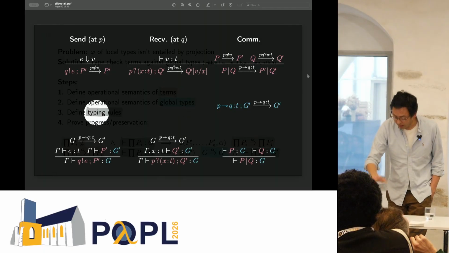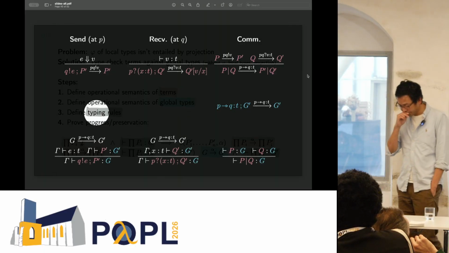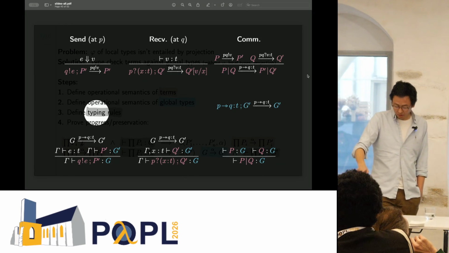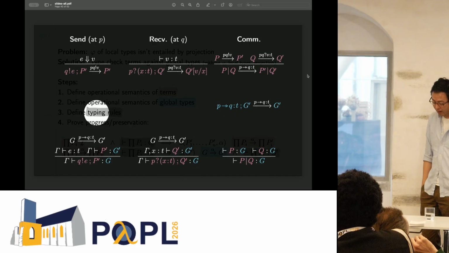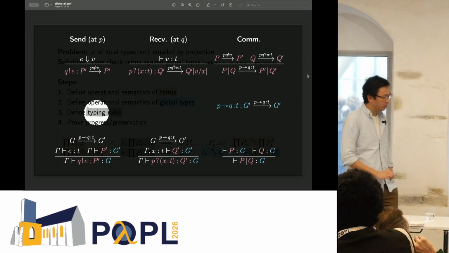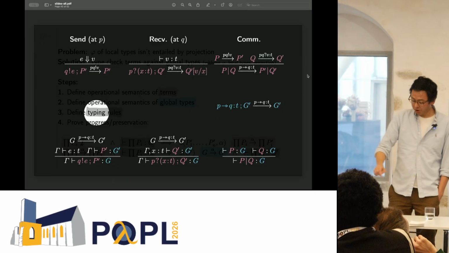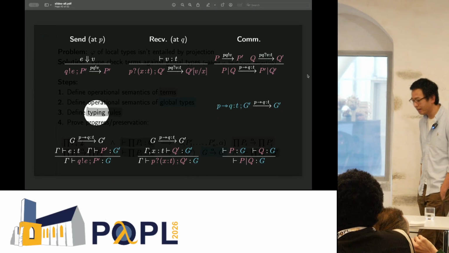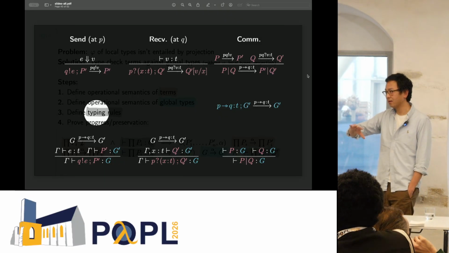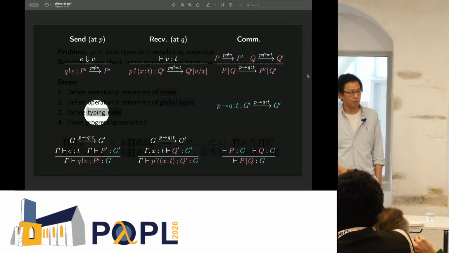Now, finally, we also need to have some typing rules, and they look something like this. So on the bottom left, the typing rule for output processes says that this output process is typable by G if from G we can synthesize a next global type G prime such that at least the next process P prime is typable by G prime, right?